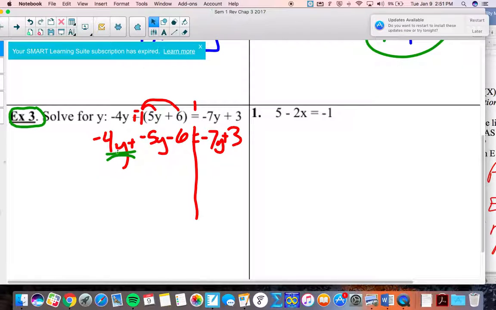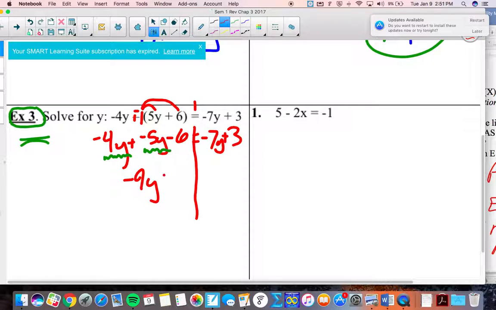I'm going to identify the like terms by putting a little squiggle underneath them. These are like terms right here. I will combine them. So I get negative 9y minus 6 equals negative 7y plus 3.